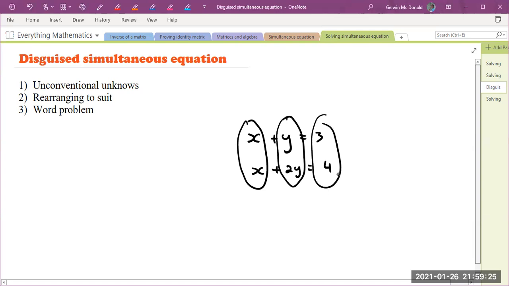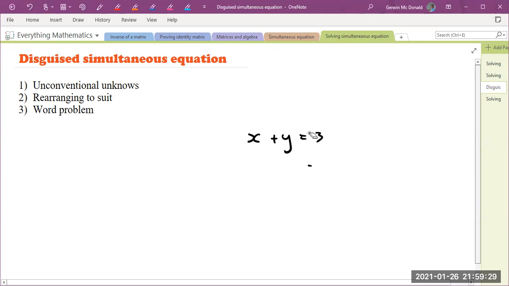Sometimes they are disarranged, and you have to arrange it to suit. That's one of the ways in which they come in disguise, because students may not recognize that if they had transposed or moved terms, they would have an equation suitable to what they are accustomed to and ready to be solved. So that's another thing we need to be very cognizant about.